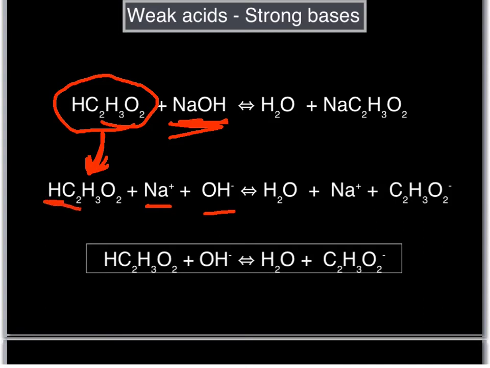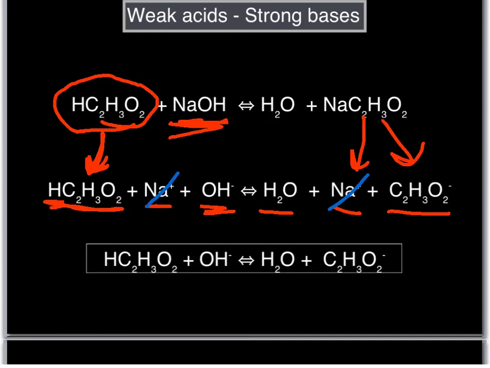This does lose some hydrogens, not a lot, but it gives up some hydrogens, and they combine with the hydroxide to make water. What's left over are the sodium ions and the acetate ions. That's soluble in water too. So take a look at the spectators. You can see the spectators are the sodiums, and that's it. Everything else changes.